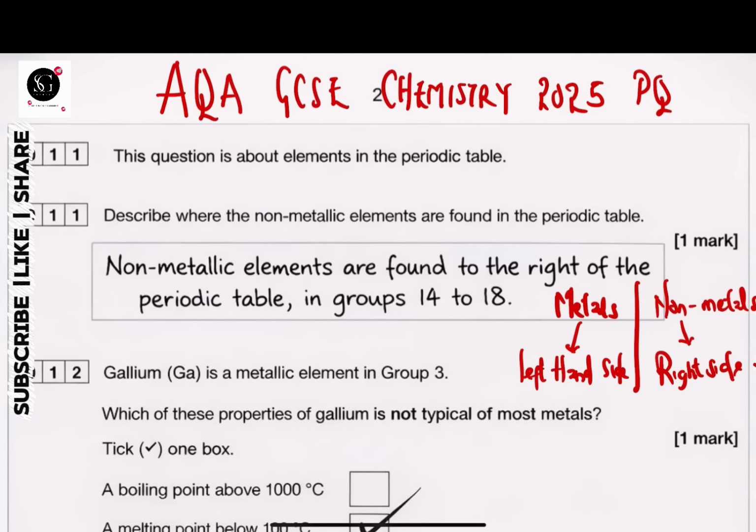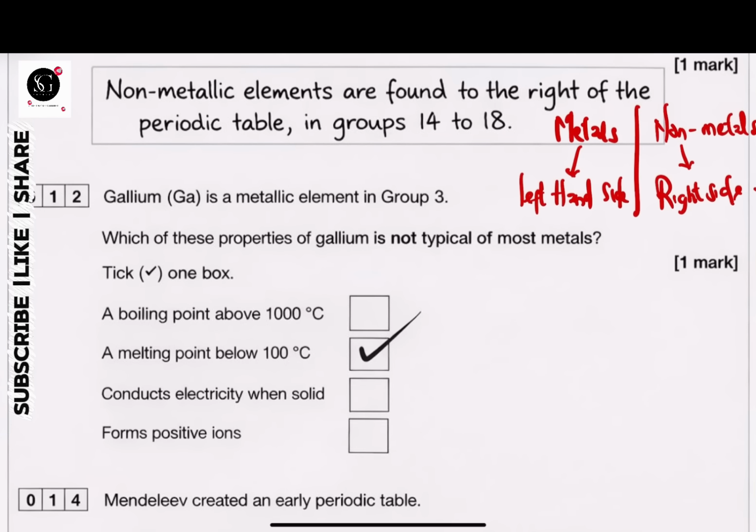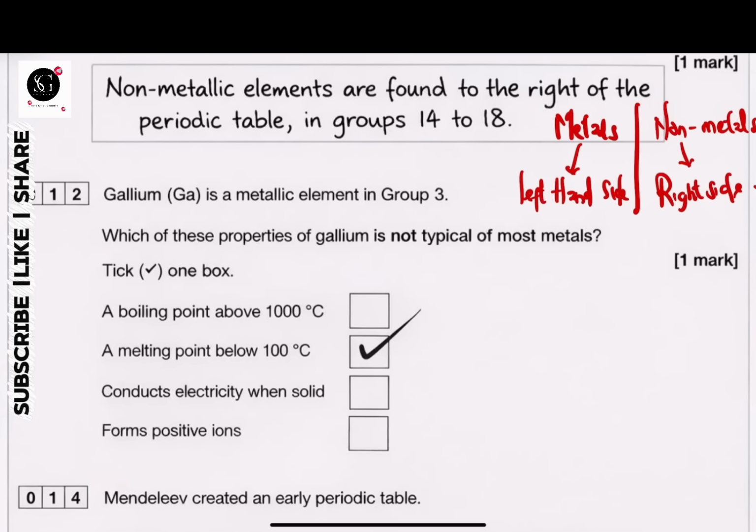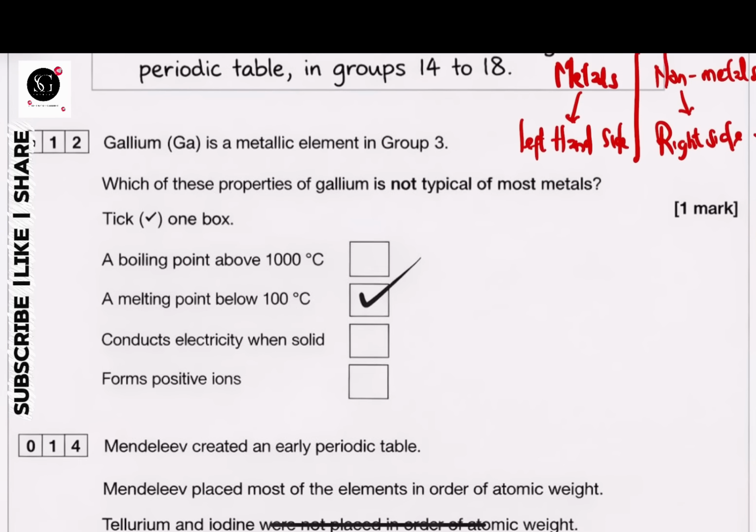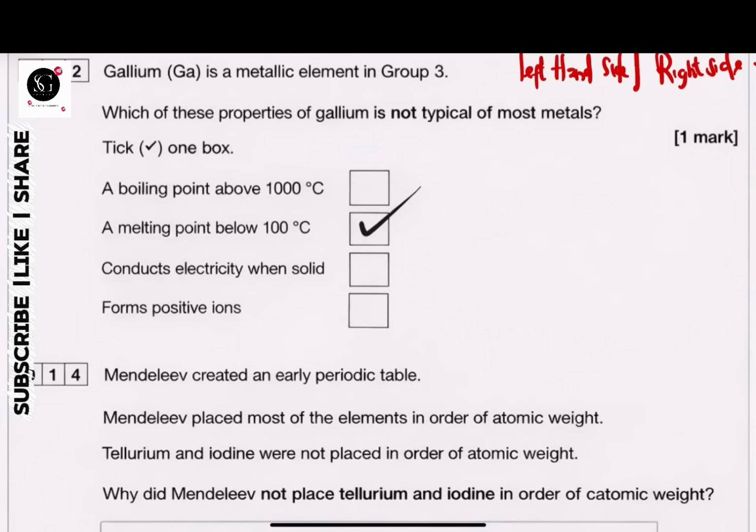Please do well to know that effectively because it is definitely going to help you in the exam. The next question, gallium is a metallic element in group 3. Which of these properties of gallium is not typical of most metals?